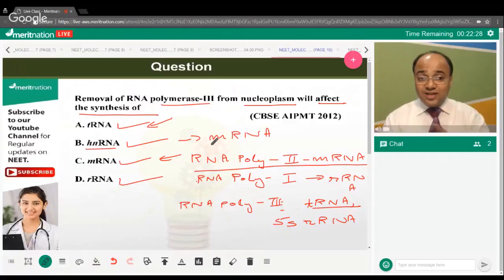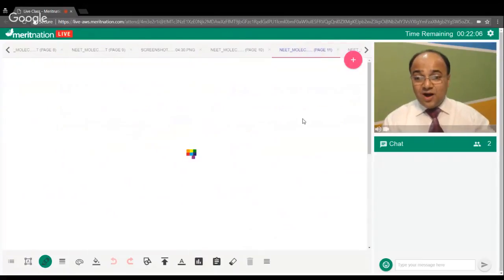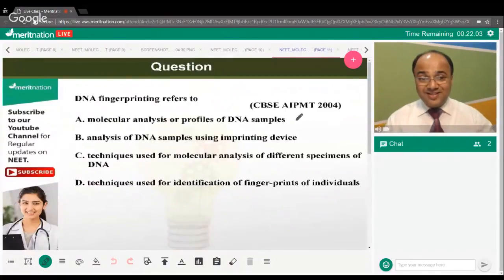It is not HNRNP. It is HNRNA. So HNRNA is the mRNA without any post-transcriptional changes in case of eukaryotic cells. I hope it is clear, Shriya. So don't get confused between HNRNP and HNRNA. All right, I hope this is clear.